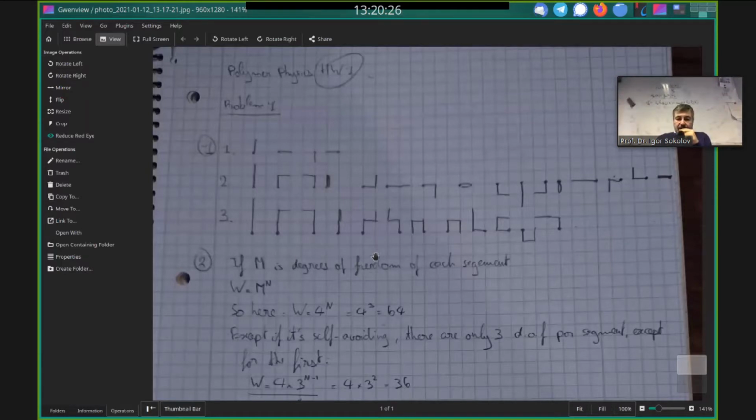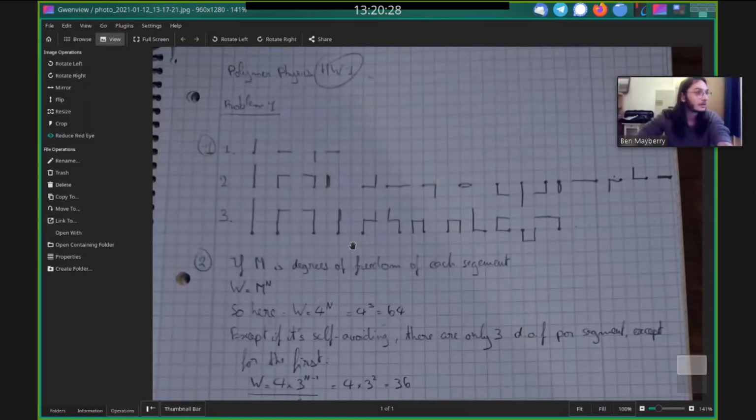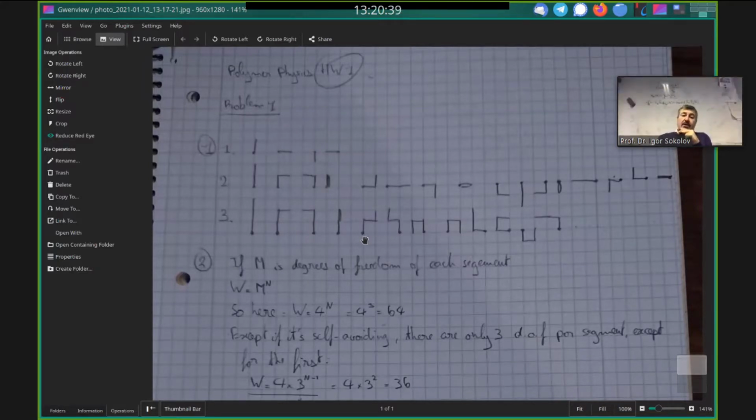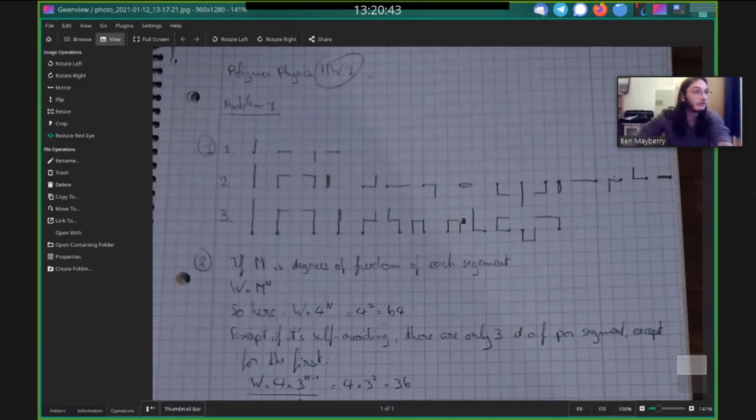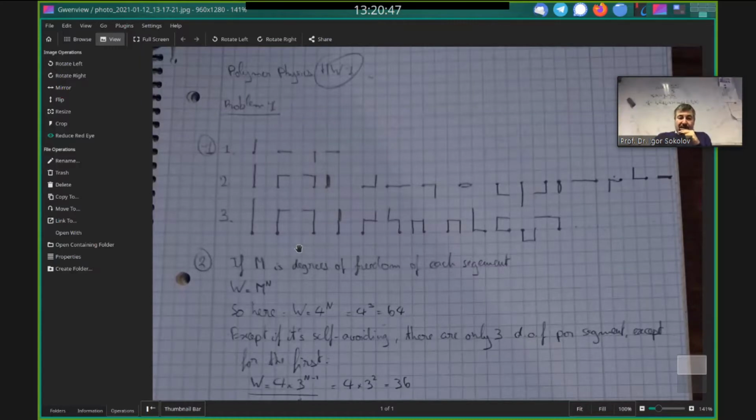Correct. Then the second group, I wasn't as rigorous after this. I just kind of did them as I could start thinking of them. No, not all configurations here. I haven't drawn all the configurations, not even all for the first step.